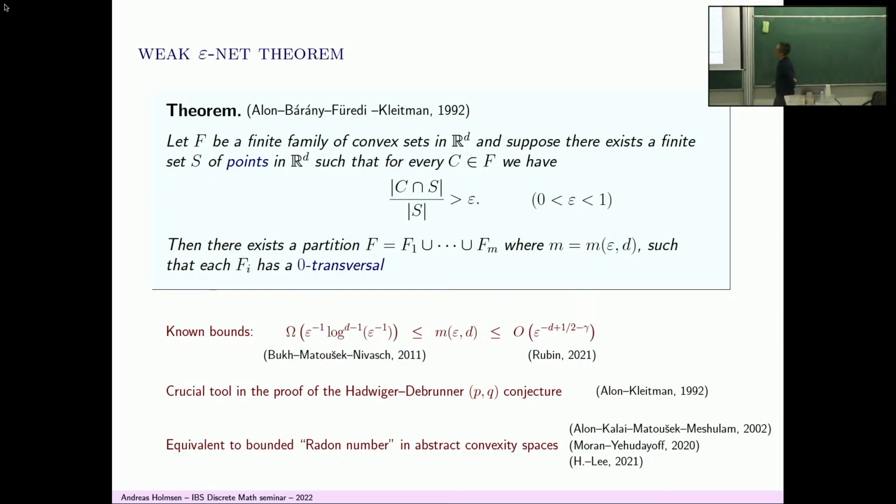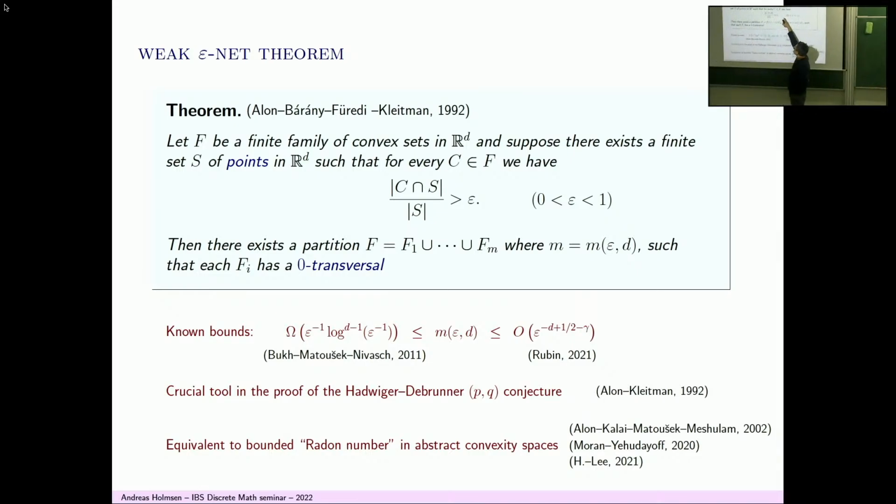But there's an additional condition here. Suppose there's a finite set of points, S, such that for every convex set C in your family, the top here is counting how many points of S the set C intersects, divided by the size of S, and this should be greater than some fixed epsilon.